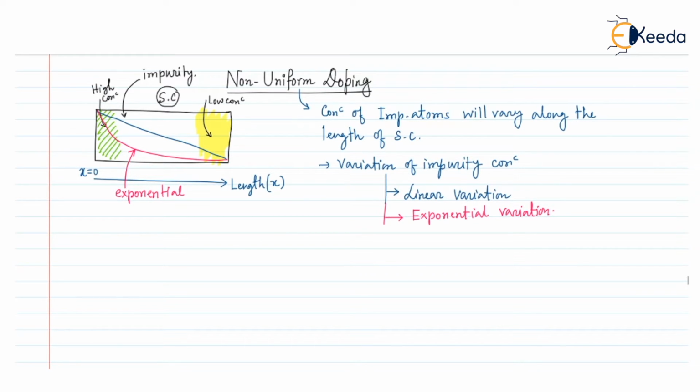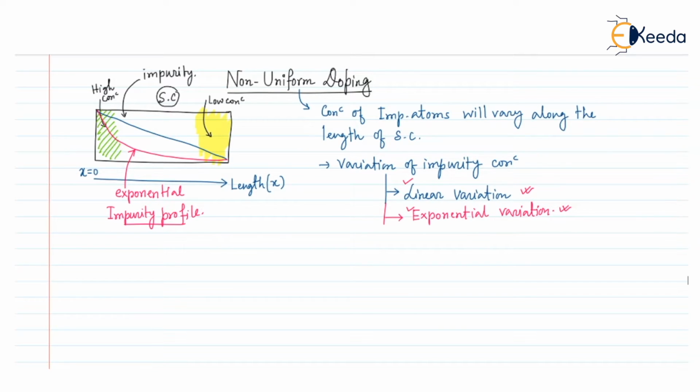There can be many more types, but these two types are in the syllabus. These graphs are called the impurity profile, and it can be of two types: one is the linear variation, another is the exponential variation.